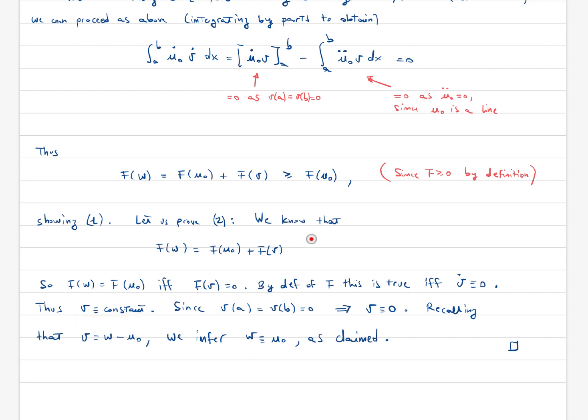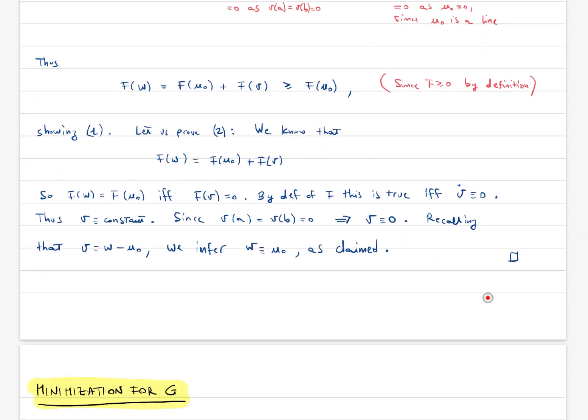Since v was a test function, v is 0 at the boundary, plus constant, this means that v is constantly 0. So recalling that v is equal to w minus u0, we infer that w is identical to u0 as claimed, so there is a unique minimizer, and the minimizer is given by the straight line.